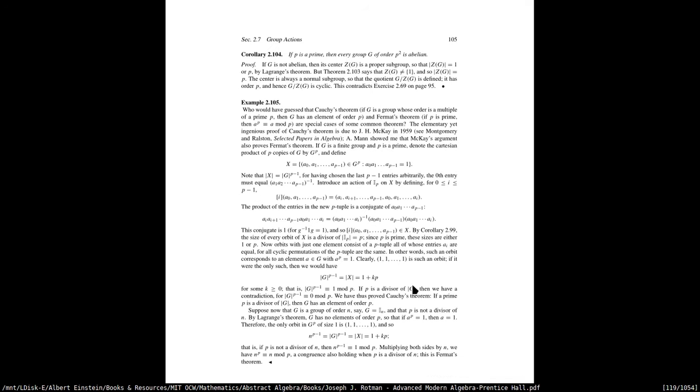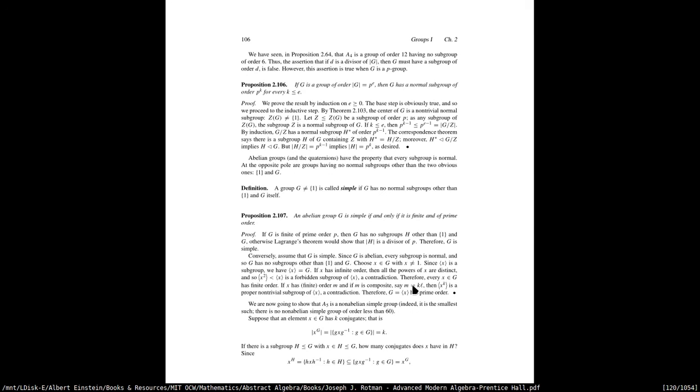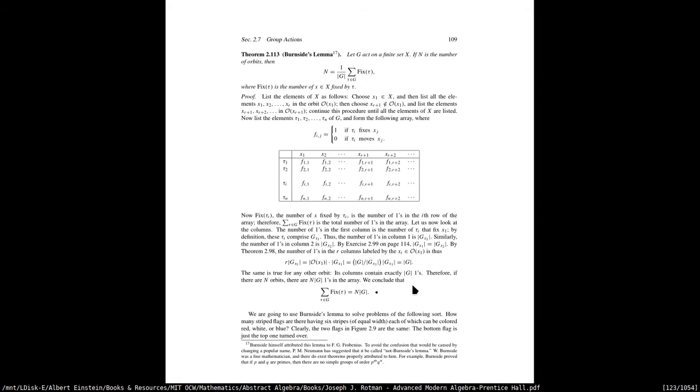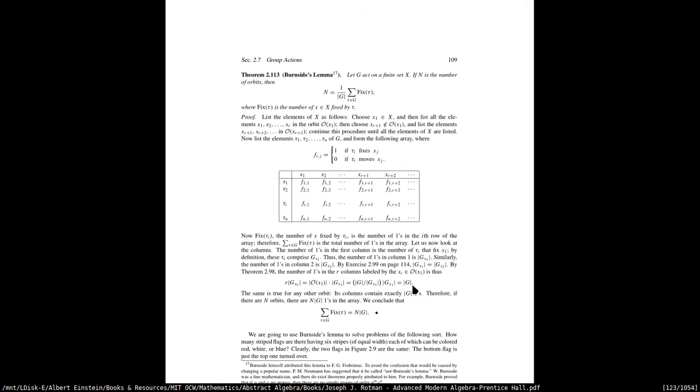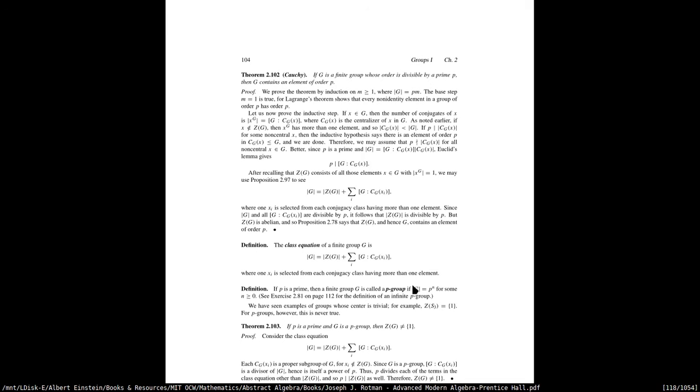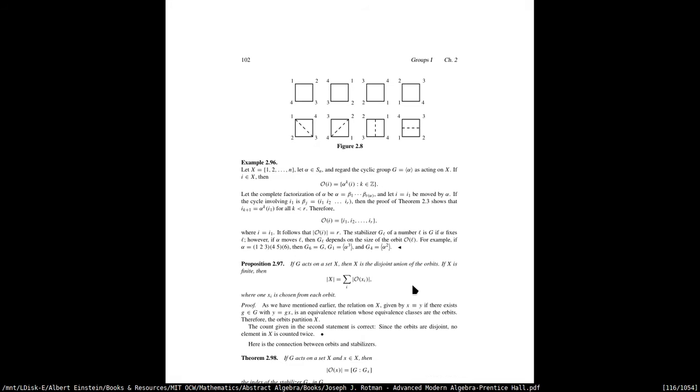Okay, so unfortunately, it looks like we can have a bunch of 2 subgroups. The number has to divide 9, and it has to be congruent to 1 mod 2. So that could be 1, 3, or 9.